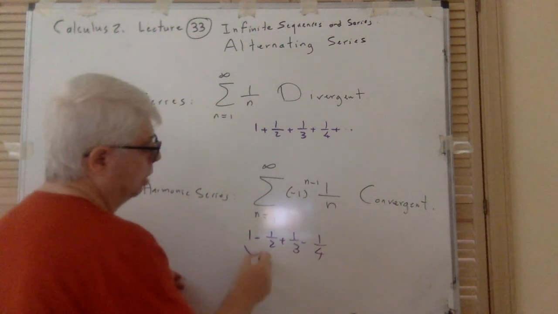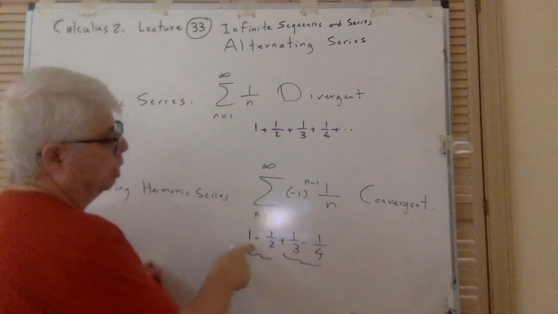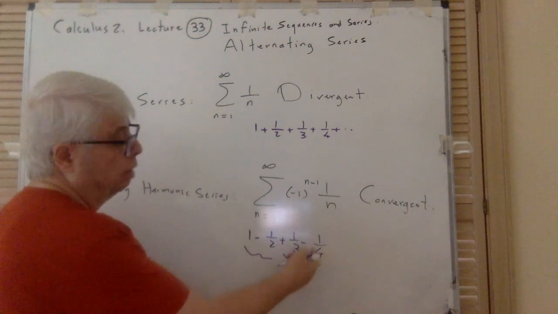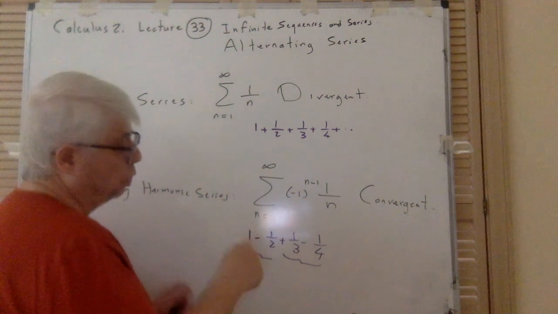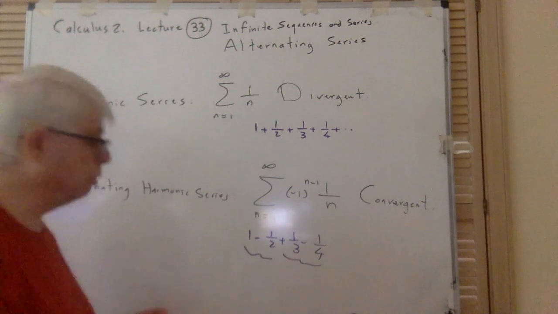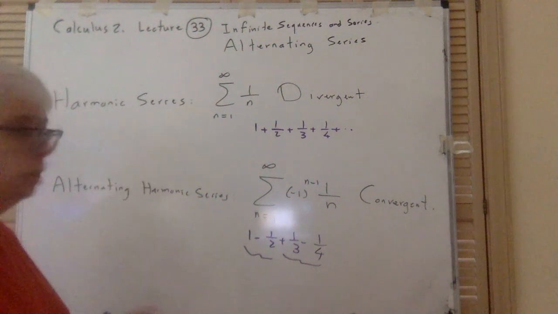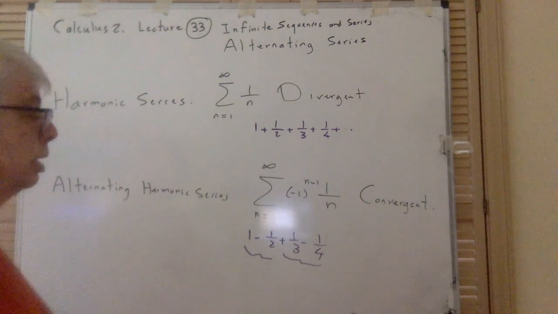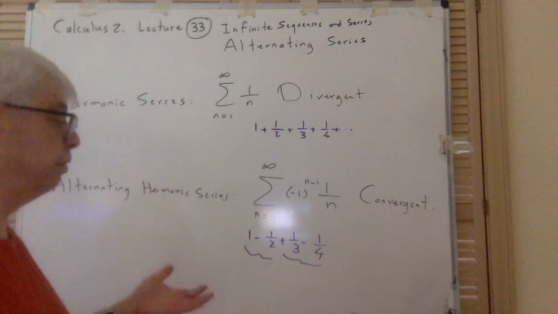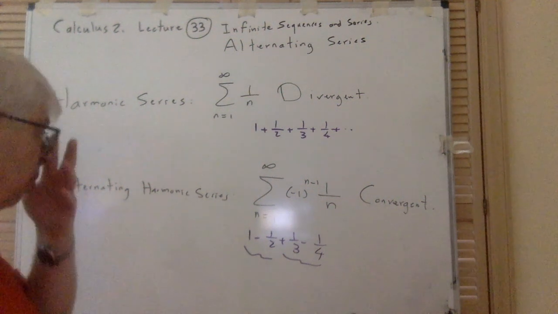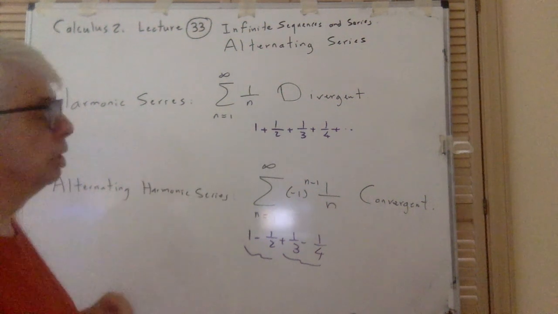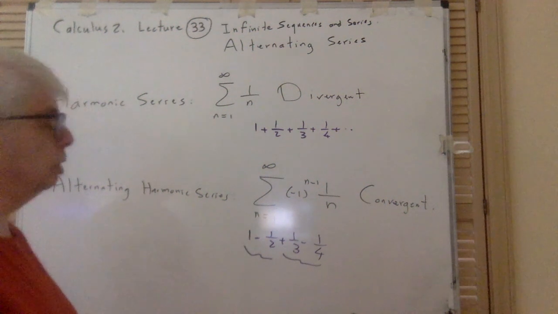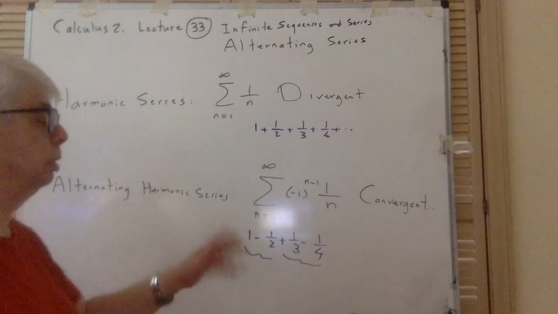So we have some positive terms and some negative terms, and the negative terms cancel the effect of the positive terms. Here it's all positive, they're all added, but here they cancel each other to some extent, not completely.